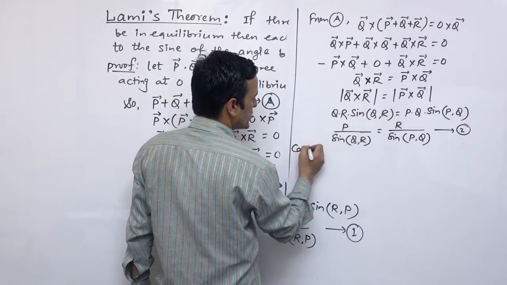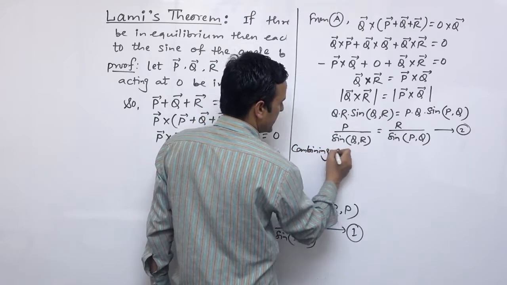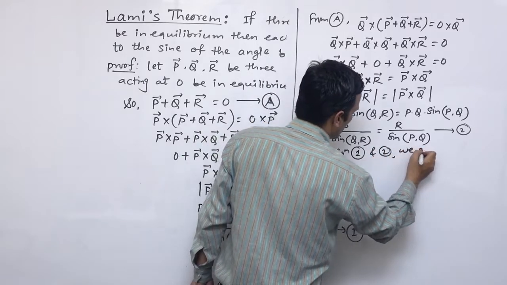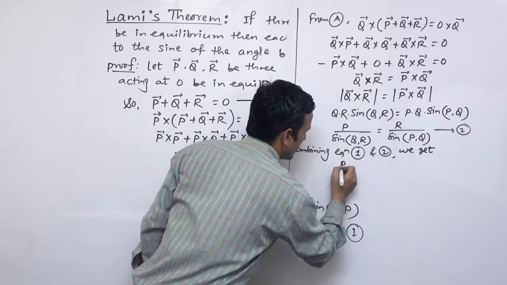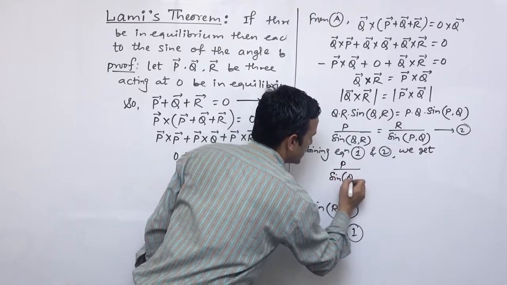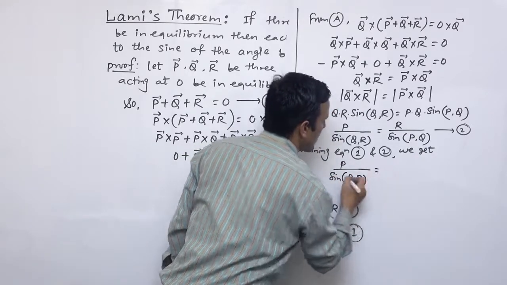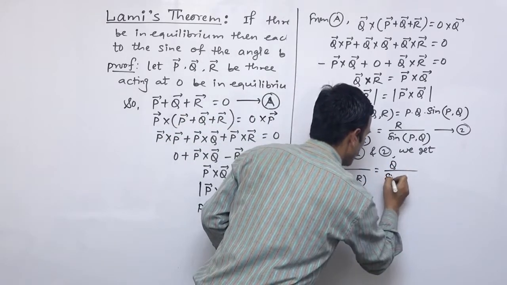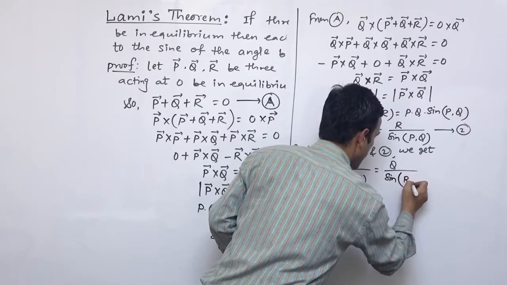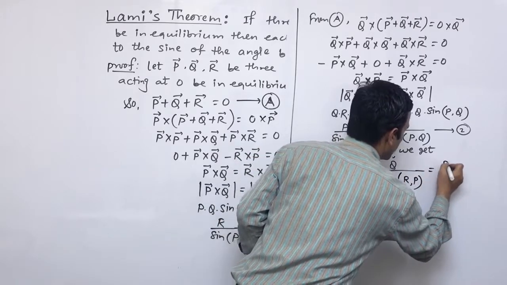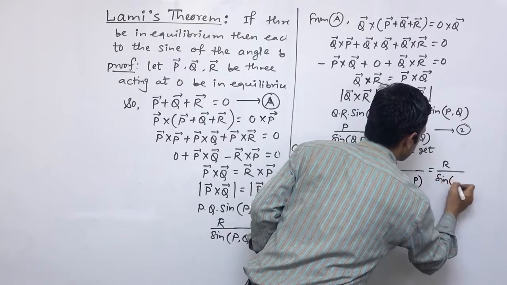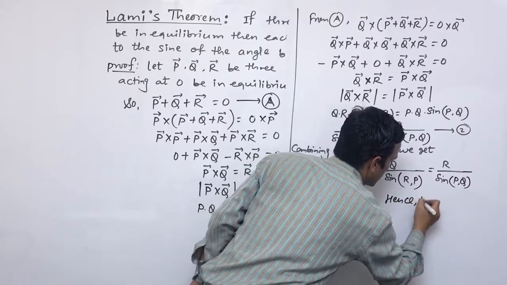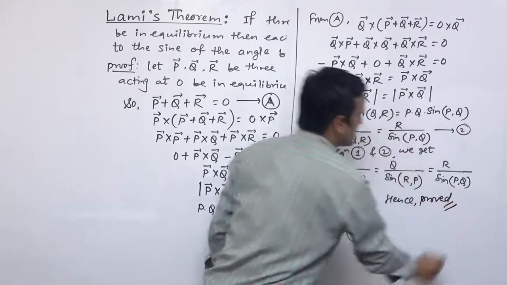So combining 1 and 2, combining equation 1 and 2, we get P upon sin Q, R, Q upon sin R, P and R upon sin P, Q. So this is Lami's theorem. Hence, Lami's theorem is proved.